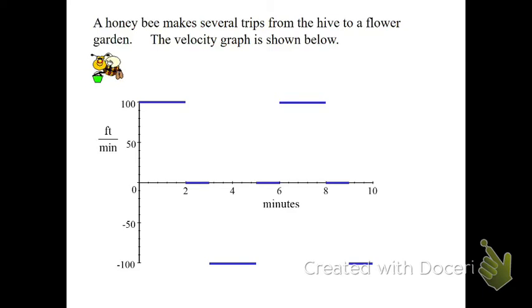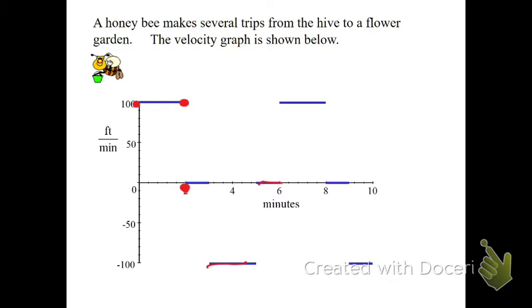Somehow, if this is his velocity, he manages to go from 0 velocity to 100 immediately. He starts off going at 100, and then he crashes, I guess, and stops. And then he's going at 100 again, and then he stopped. So he keeps crashing. I don't know how he manages to go 100 to 0, 100 to 0.